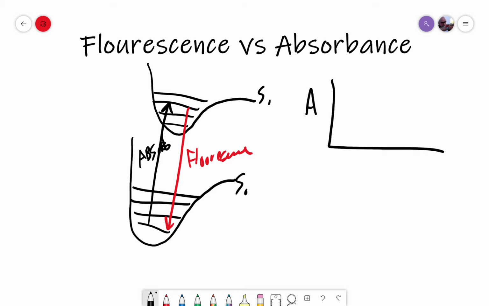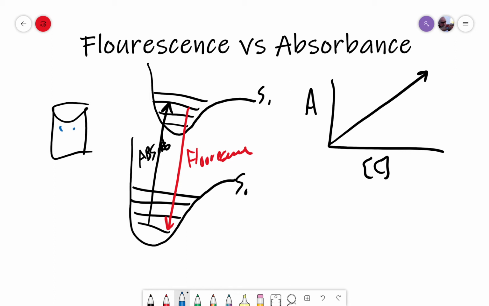The amount of light that is absorbed by a mixture is going to be linearly dependent upon its concentration. So the more molecules we have, the more light is going to be absorbed by the species. That gives rise to the Beer-Lambert law.